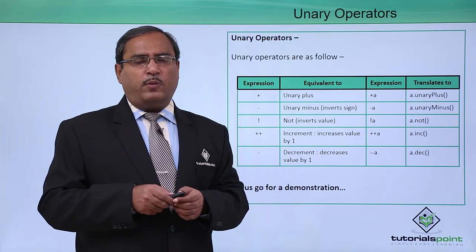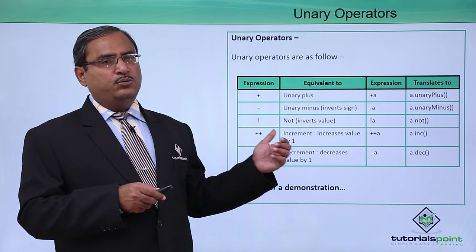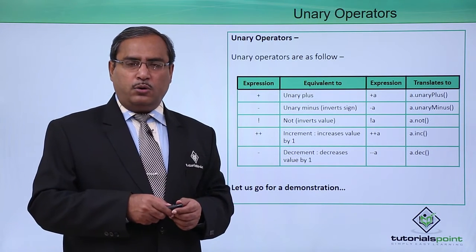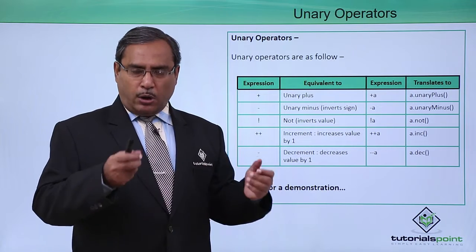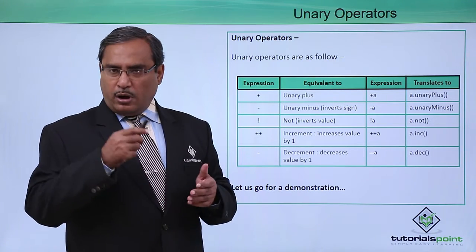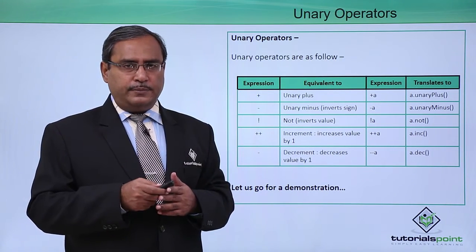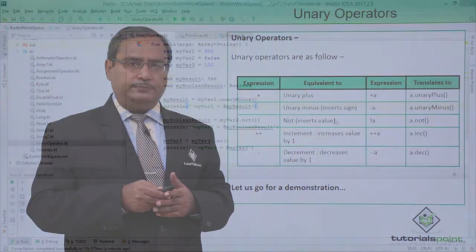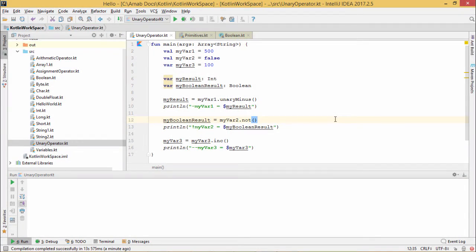So let us go for one demonstration where we will be using these operators in our Kotlin code, and we shall show you how to write the code, compile it and run it. So here is the demonstration for you. In this demonstration, we are going to discuss unary operators. Here we have defined three variables.